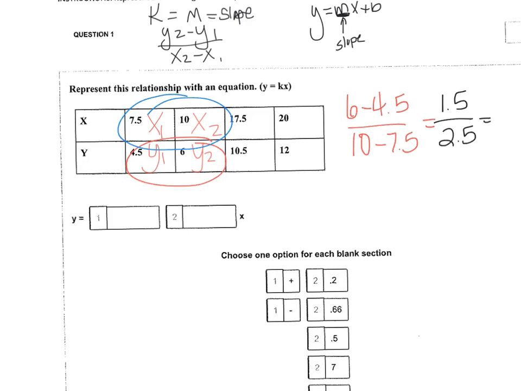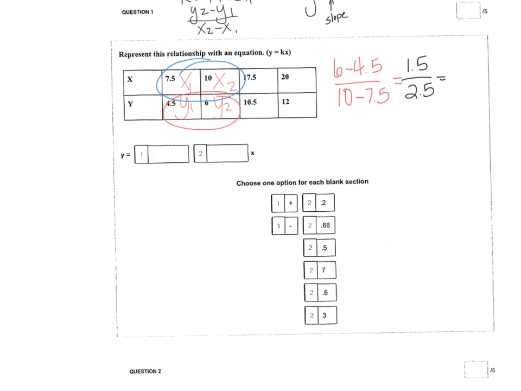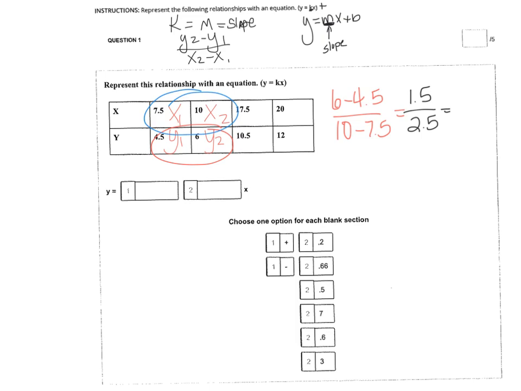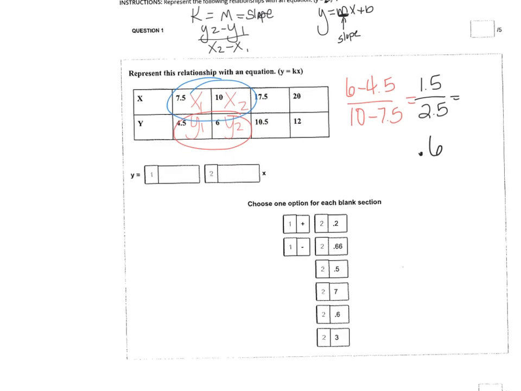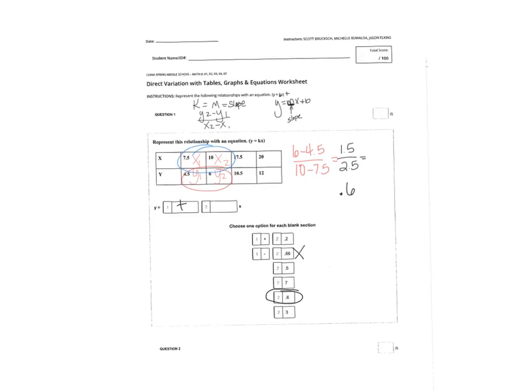I'm going to divide those two, 1.5 divided by 2.5, and I get 0.6. On my calculator, I'm just seeing 0.6, and it does not continue. That's kind of confusing, but I'm pretty sure it's just 0.6.